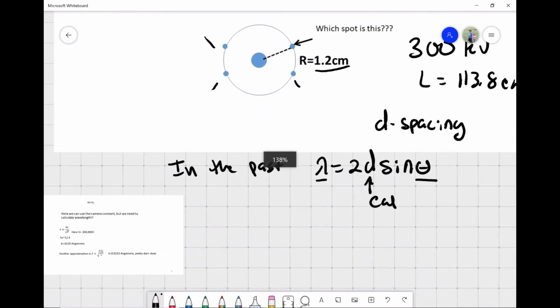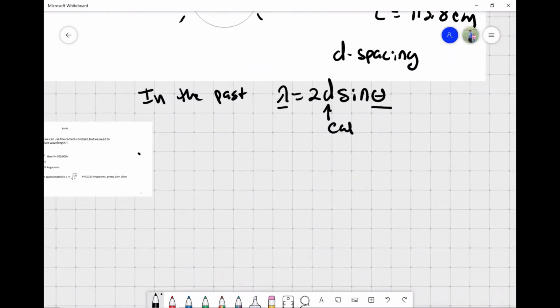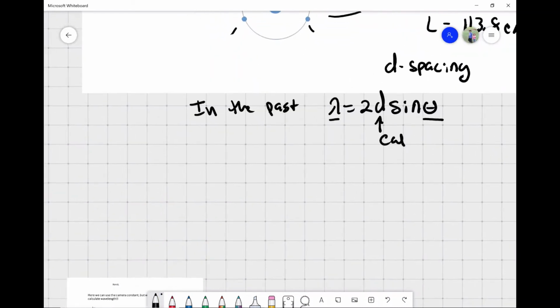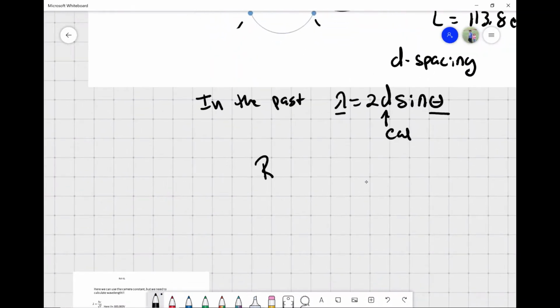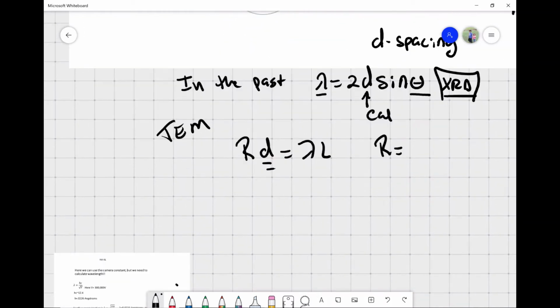Now, I don't want to give away the punchline here. Sorry about that, guys, watching me fiddle with my tablet. Now we're going to use this new equation for TEM. So this is XRD. For TEM, we use RD equals lambda L, and we're going to solve for D. We already have R, which was 1.2 centimeters.